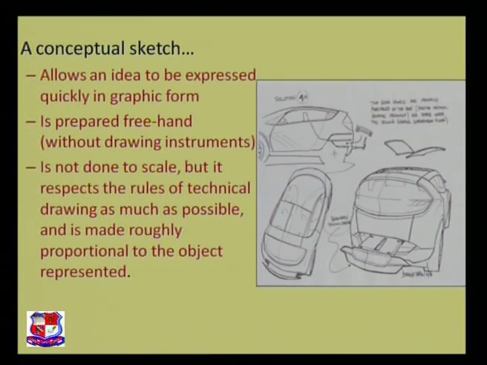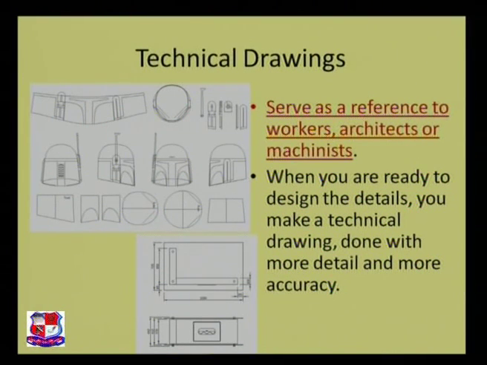To make him understand, we must give him a technical drawing. Over here, as you can see, the proper details of all the technicalities have been given in these technical drawings. When you are ready to design the details, you make a technical drawing with more detail and more accuracy. Your technical drawing must have perfect accuracy to avoid any mistake in the assembly.